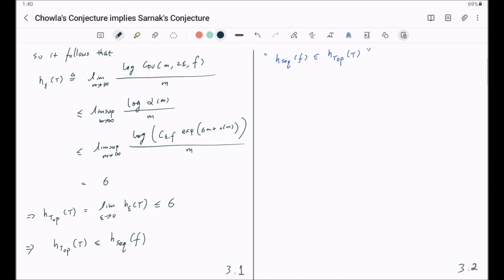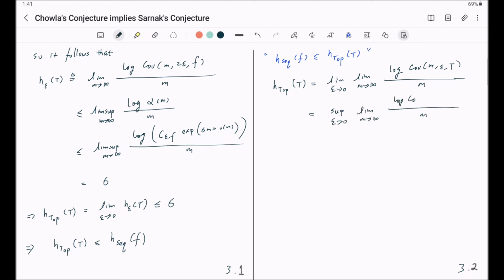So now recall from the definition that the topological entropy of the dynamical system is this double limit. Because this covering number increases as epsilon approaches 0, this limit is the same as the supremum.